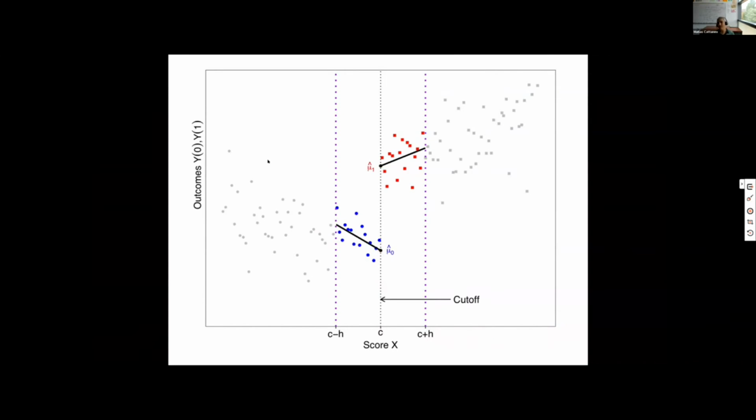And so here, let me pause for a minute. Again, RD designs are fundamentally identified in the limit, and therefore there is an extrapolation component that is unavoidable. In other words, at most, and typically never, you will see observations exactly at the cutoff. So you will only be able to estimate the regression functions with observations that are slightly away from the cutoff. Maybe the first observation landed right there, then right here, then here, then here.